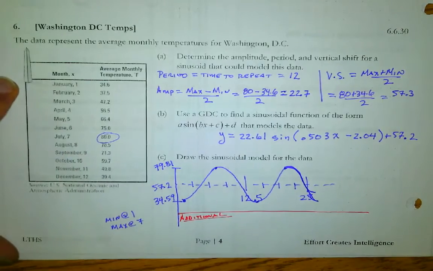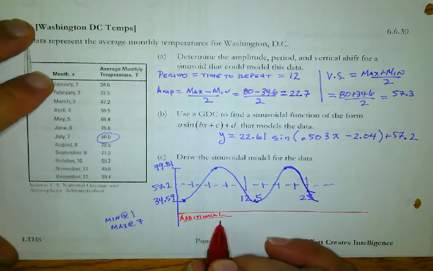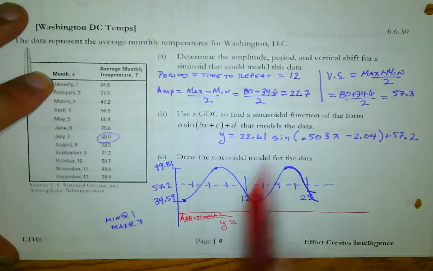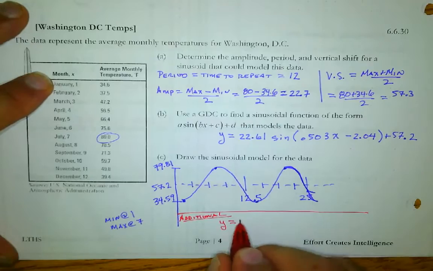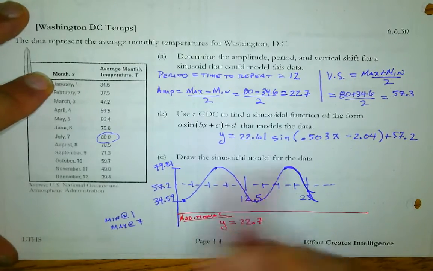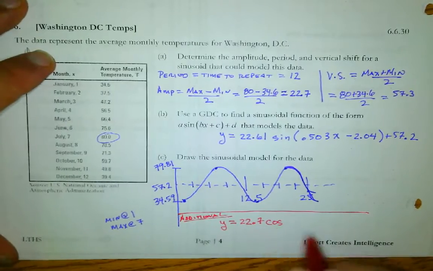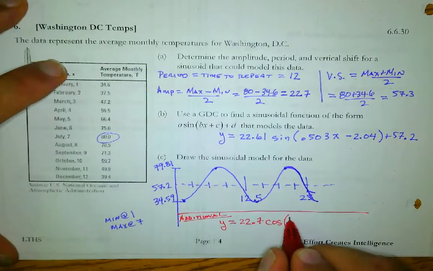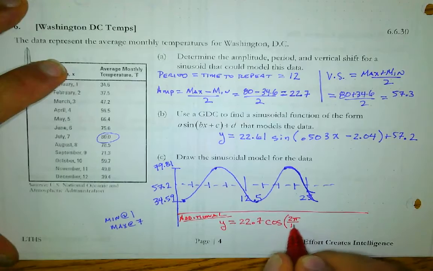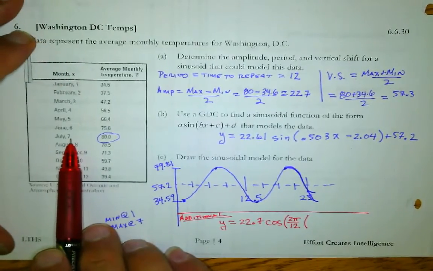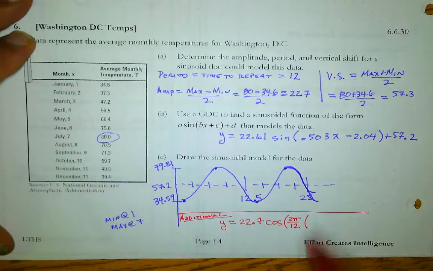Right? So a rough idea for this is I could say that my equation could be given by y equals my amplitude, 22.7. If I'm going to say starting at a maximum, that's a cosine, right? My period is 2 pi over 12. A phase shift would be 7 units to the right to be at that maximum.